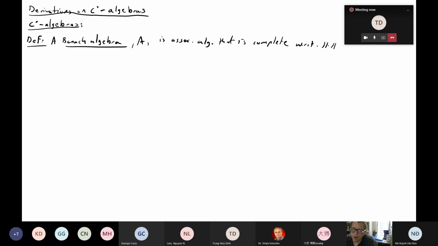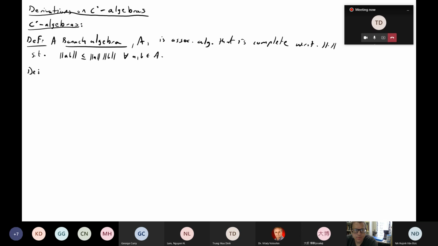But the important thing is that it satisfies a certain submultiplicative property on the norm. If I take two elements and multiply them, the norm is less than or equal to the product of the norms. That's what we call a Banach algebra. You can certainly equip associative algebras with norms that don't have this property, and it's not a Banach algebra. So it's really that norm inequality that's an important part.